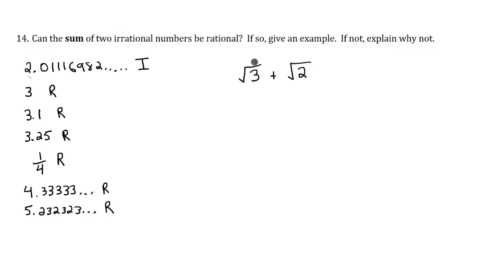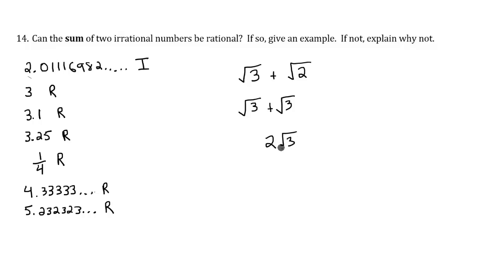And both of these are irrational because if you plug it into the calculator, you'll get numbers with decimals that keep going on forever with no pattern. So let's say we keep the square root of 3 then, and we change this 2 to be a square root of 3 so that we could add these together. Well, 1 square root of 3 plus another 1 gives us 2 times the square root of 3.